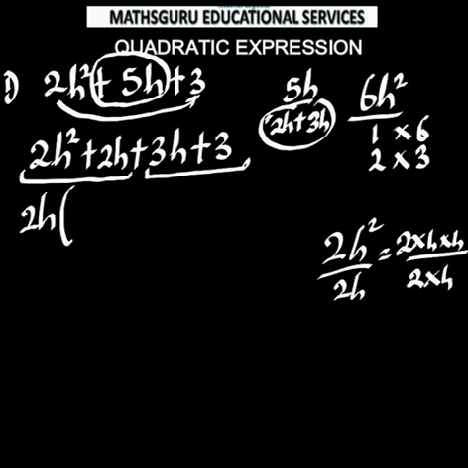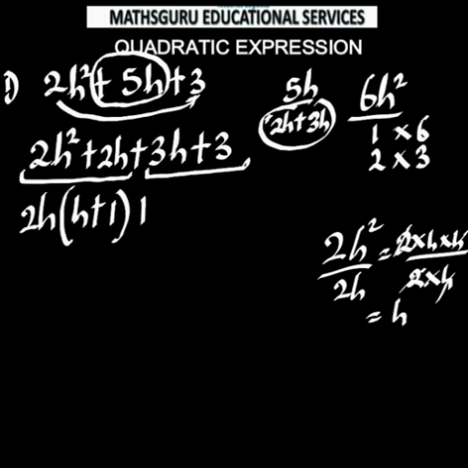So h can cancel h, 2 can cancel 2. Now we are left with what? Only h. So we have h plus 2h divided by 2h. Any term divided by itself is 1. Then we close the brackets.